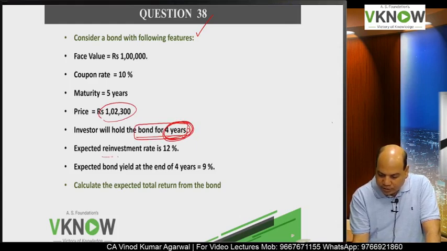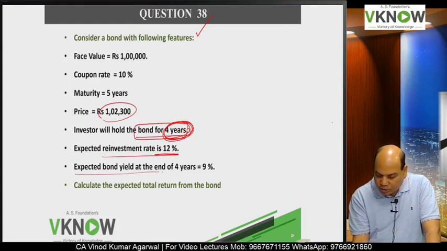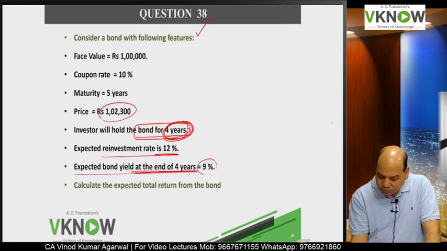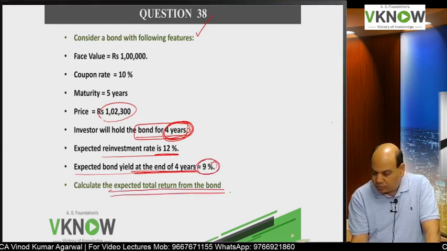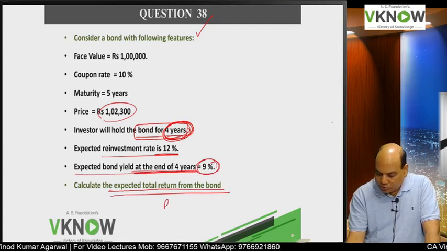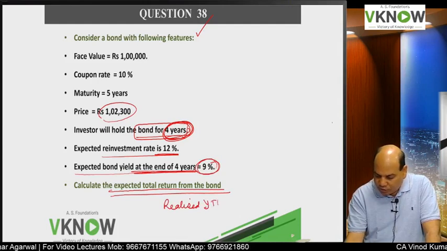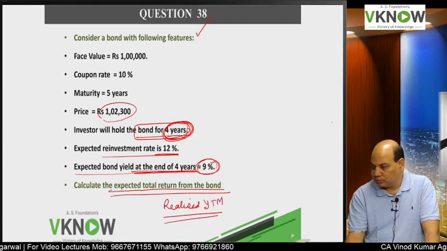An expected reinvestment rate is 12%. Expected bond yield at the end of the 4th year is 9%. Calculate the expected total return from the bond, which means you have to calculate the same realized yield to maturity.